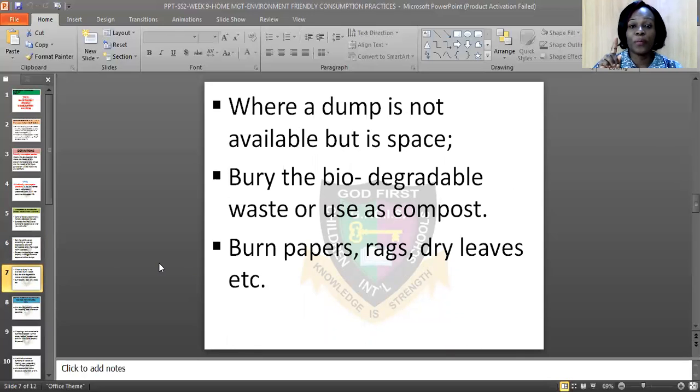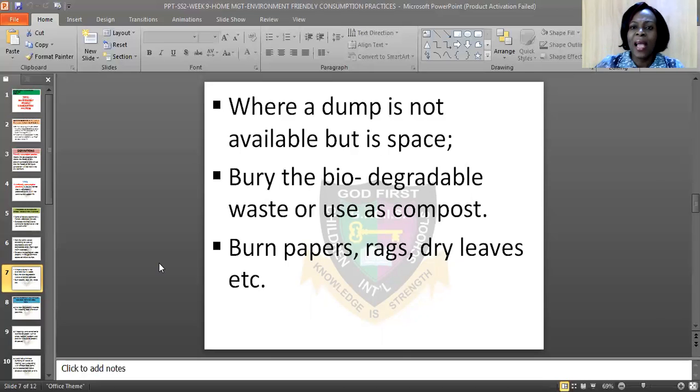Where a dump is not available, but there is space, you can bury the biodegradable waste and use it as compost. Are you getting? What do I mean by that? Like all these things that can decay, like our waste food, dead animals, you can bury them on the ground, dig the ground and bury them.